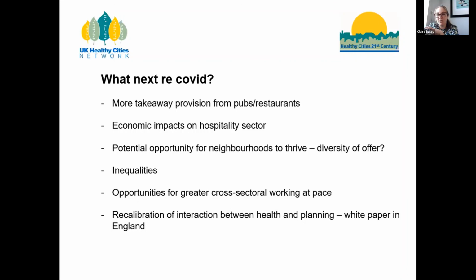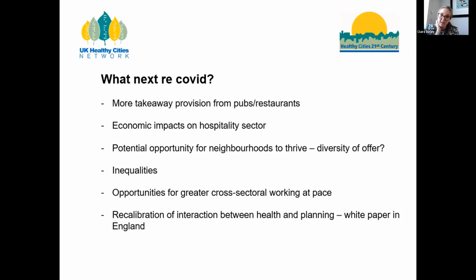Because at the moment, certainly in Newcastle, a lot of our thinking around food and the food response is concentrated on the here and now, making sure that people have access to food, and it's not a barrier to self-isolating. And obviously we know there's a huge issue with food poverty as well, and that's going to continue to bite as the impacts of the pandemic go on.